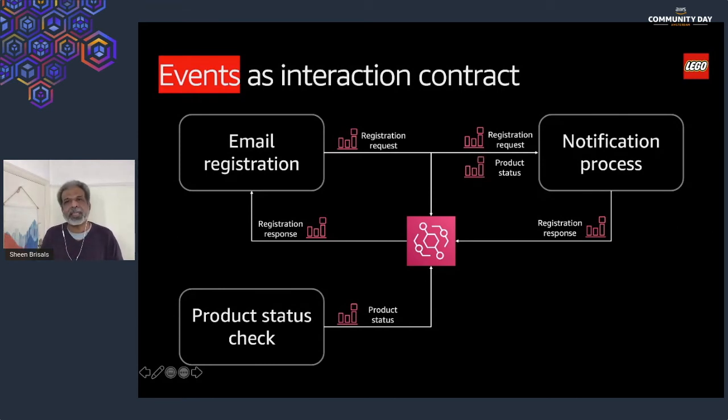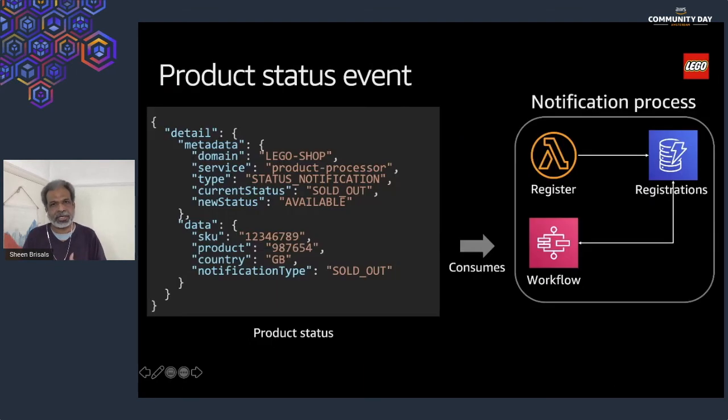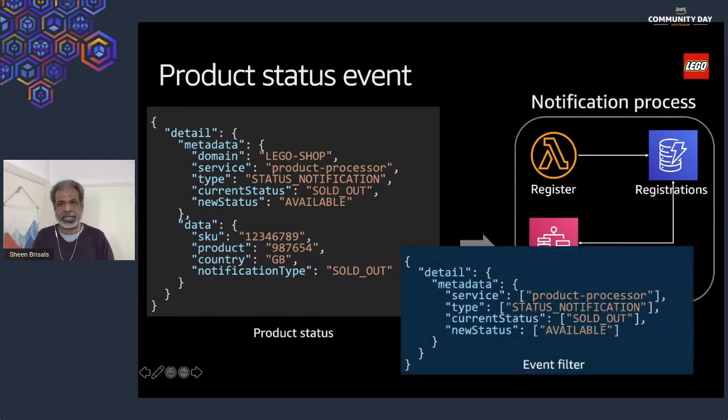So again, there's a product status, there's a filtering. So here is a sample event which tells that a product is now available. It was unavailable or sold out previously. So there is a filter saying that, okay, from this service, these sorts of parameters or values, yes.